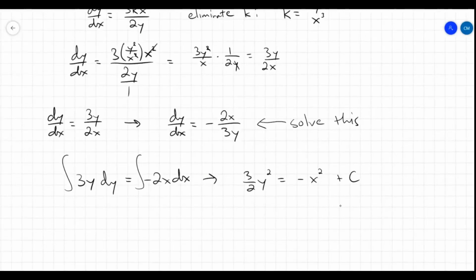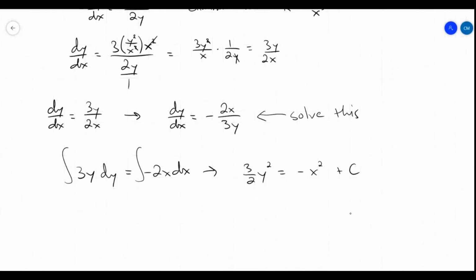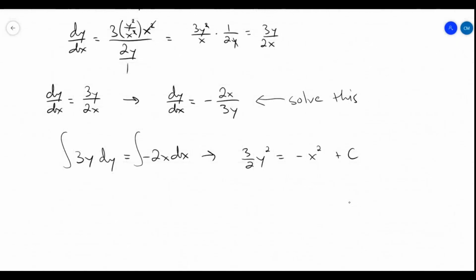Now let's just take a look at what we've just produced here. The differential equation itself wasn't that difficult to solve. We didn't have to do any parts or anything like that. But look at what we've got here, and maybe we can even rewrite it in a slightly different way. Suppose I write it like this instead: y squared over 2/3, and you see that is equivalent to what I have there, right?